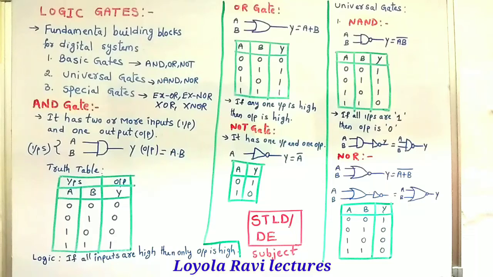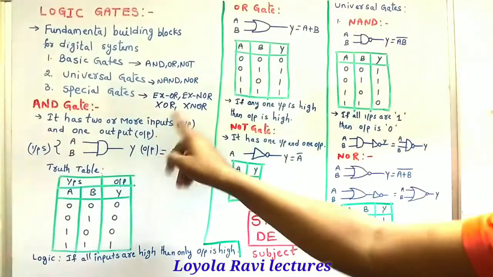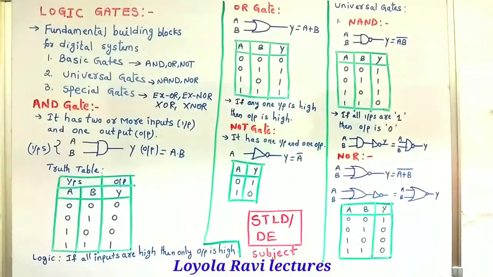First of all, how many inputs this gate has, what are the possible numbers of inputs, and what are the possible outputs for this gate. So come to the AND gate. It requires a minimum of two inputs, or it may be n number of inputs. It has two or more inputs and one output.